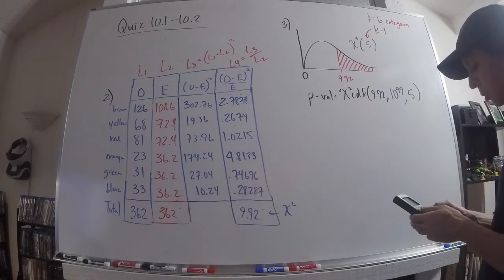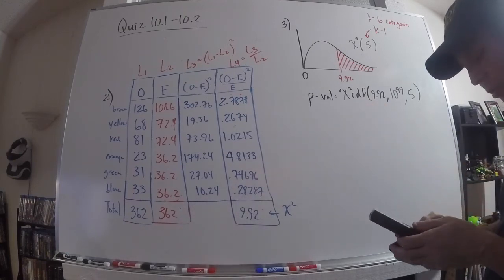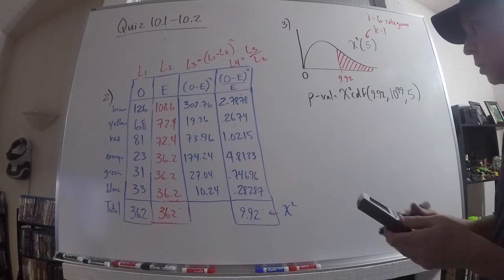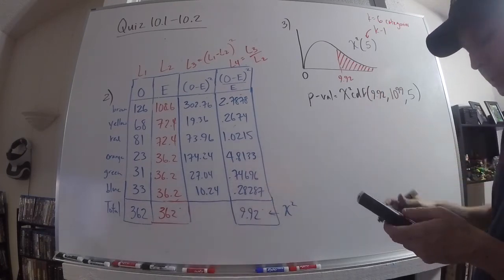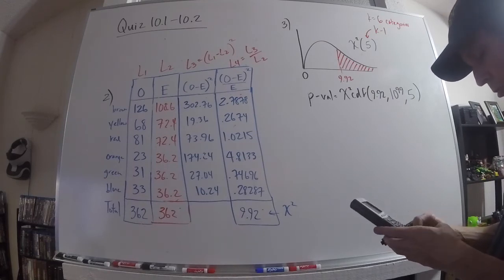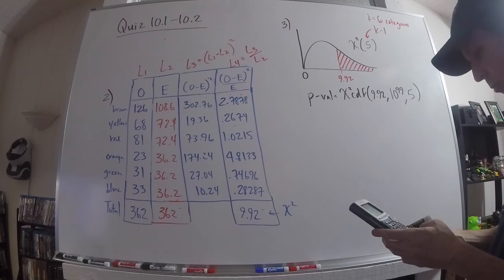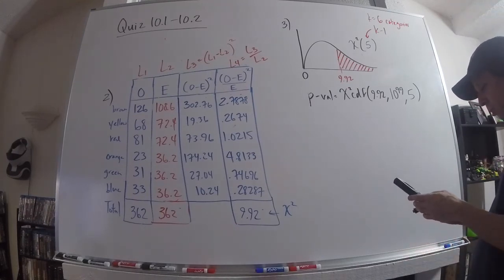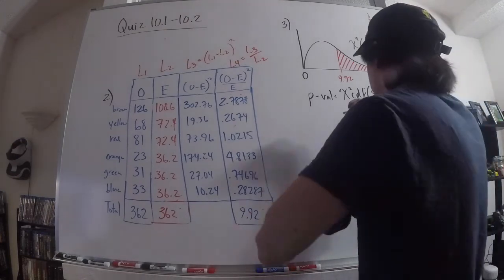It's under distribution, the same place you find normal CDF and TCDF, but you got to scroll a little bit to find it, and make sure you're using chi-squared CDF, not PDF. 9.92, 10 to the 99, and 5. I got 0.0775, so I'll do 0.078.